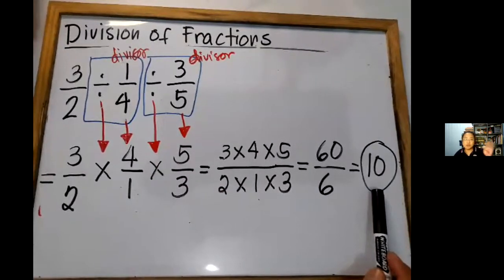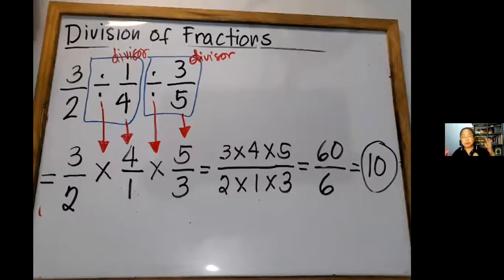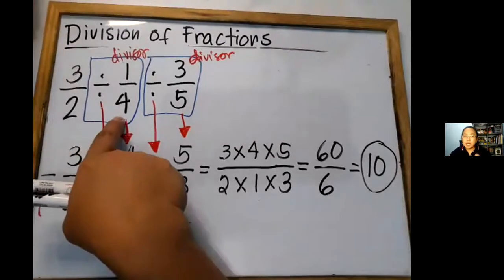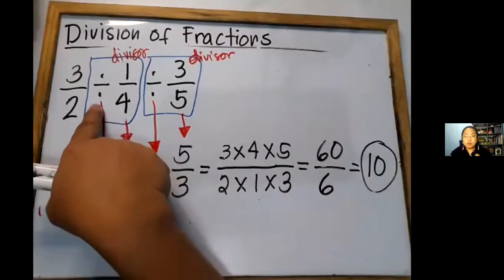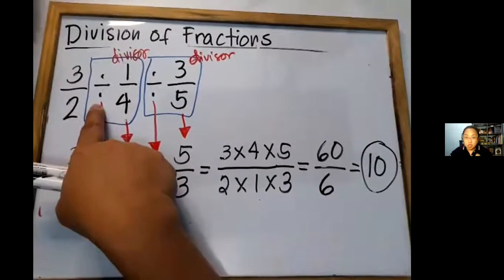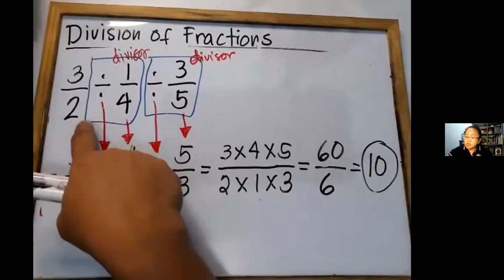Okay, so ganyan mag-divide ng fraction. So madali lang siya. So papaano uli? Una, kailangan i-identify ninyo yung divisor. Paano malalaman ng divisor? Yung divisor, lagi niyang sinusundan yung division symbol. So para hindi kayo malito at hindi ninyo makaligtaan kung alin yung dapat ninyong baguhin, i-box ninyo.